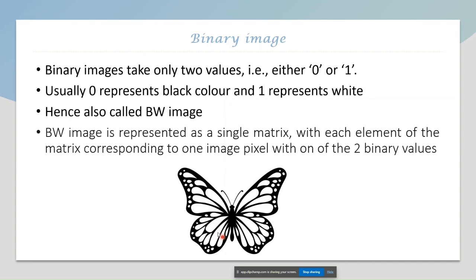If you see this example, there are only two colors: black, represented by the pixel value 0, and white, represented by the pixel value 1, and we need only a single matrix to store such an image. That's why it is called a black and white or binary image. Black and white because you can see only black color and white color, and the pixel values are only two, binary 0 or 1. That's why it's a binary image.